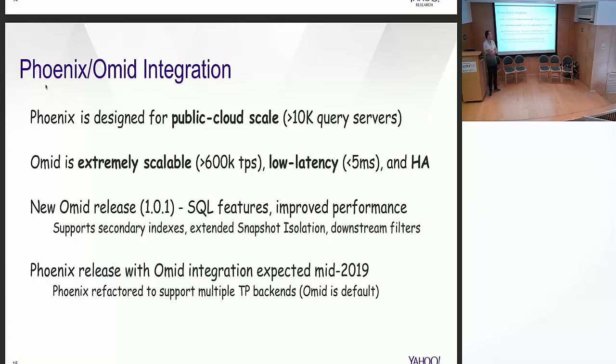It can run a load of more than 600,000 transactions per second. So if you divide this by that, that means that every single machine would be producing tens of transactions every second. Very low latency and high availability. All of that developed here in house.